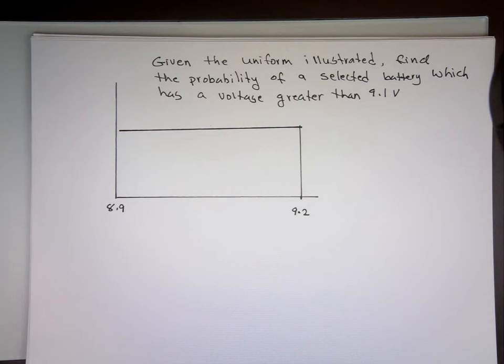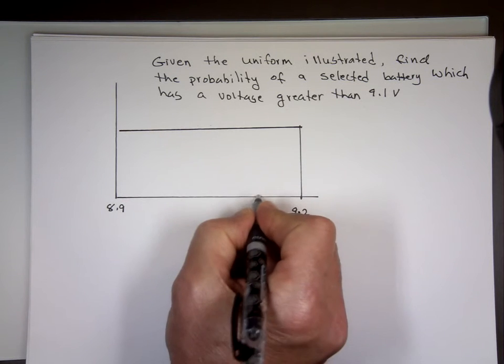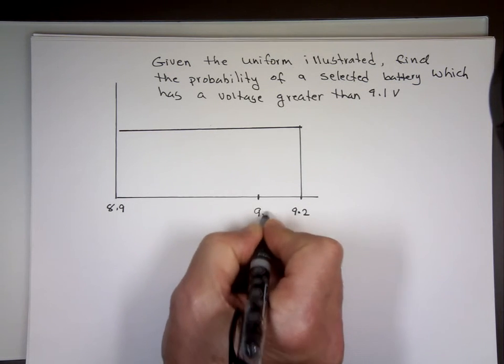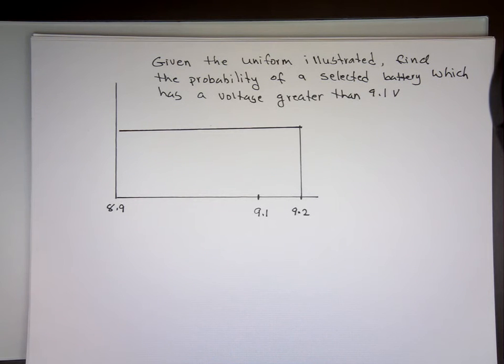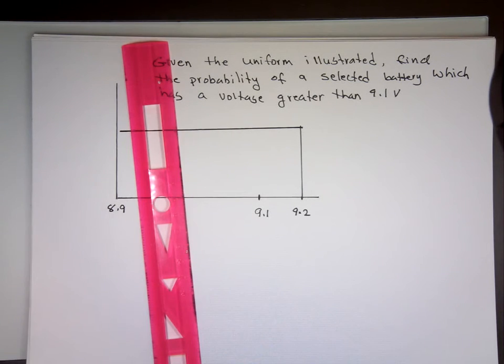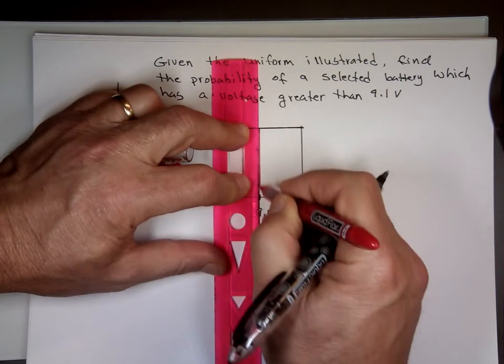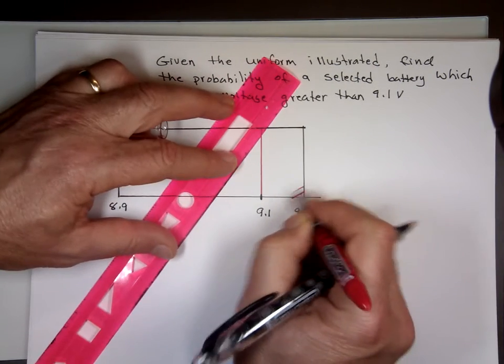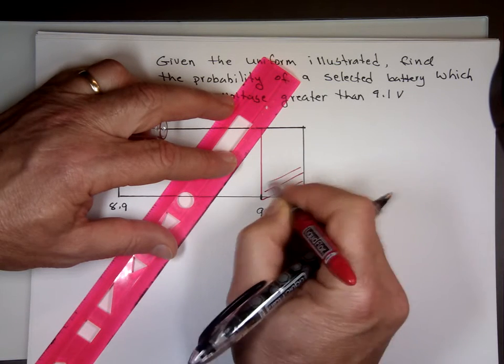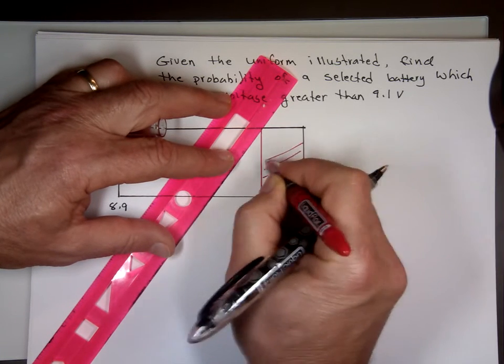What's the chance if we select a battery that it will have a voltage greater than 9.1 volts? Well, where's the 9.1? Right here. So we're saying, what is the chance? We're saying this graph corresponds to a probability. So what is the chance? What's this area equal to? Because that corresponds to the probability.